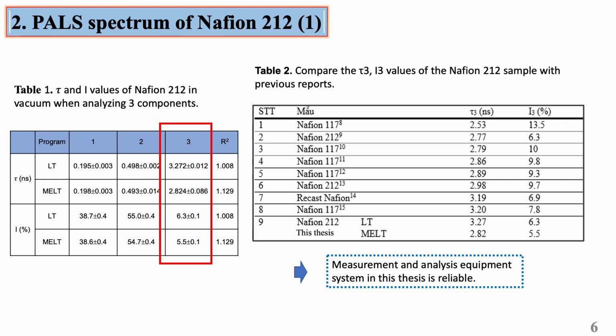Table 1 shows the τ and I values of Nafion 212 in the vacuum when analyzing 3 components, and table 2 compares the lifetime τ3 and intensity I3 values of the Nafion 212 sample with previous reports. Based on the result, τ and I are close to the previous articles, so the measurement and analysis system in this thesis is reliable.